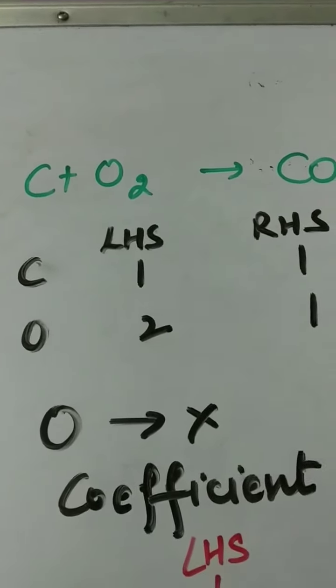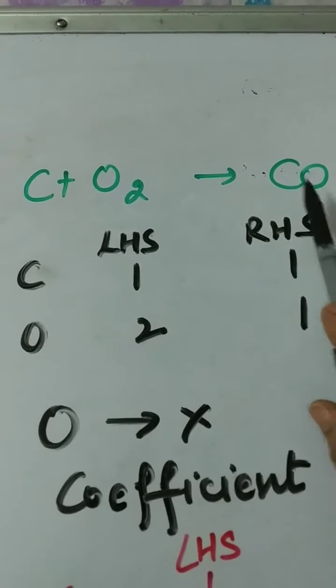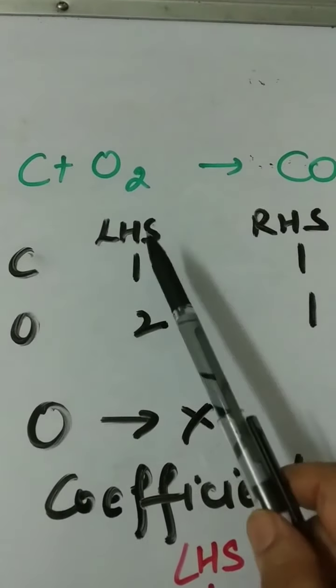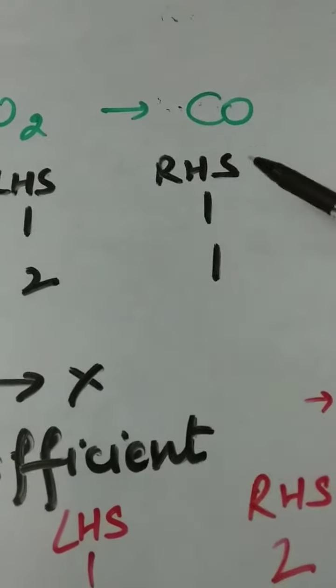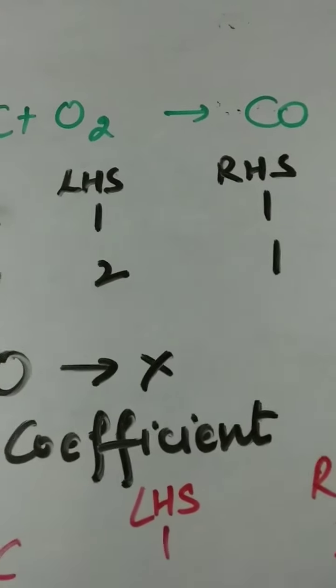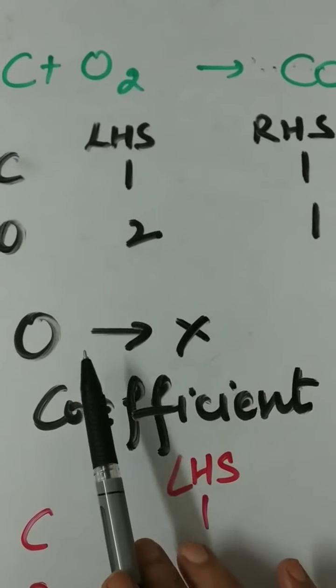Another example, carbon when reacted with oxygen forms carbon monoxide. Now we will check how many atoms are present on both sides. Left hand side means reactant side, 1 carbon 2 oxygen, product side 1 carbon and 1 oxygen. Now we want to balance. We will see oxygen first.